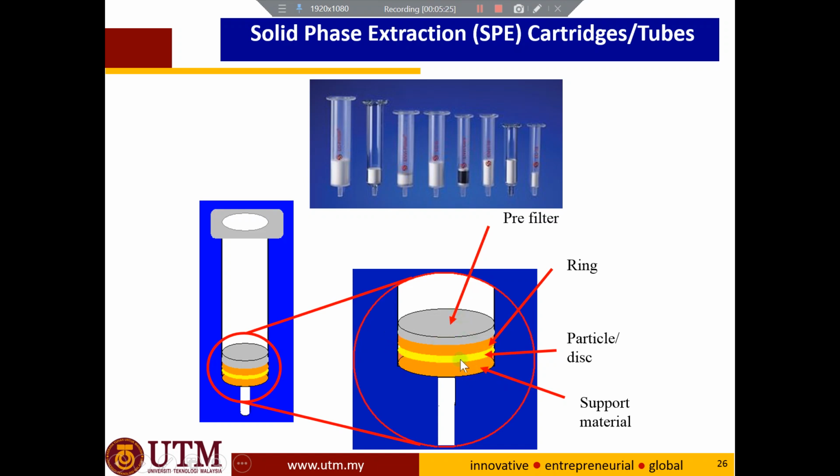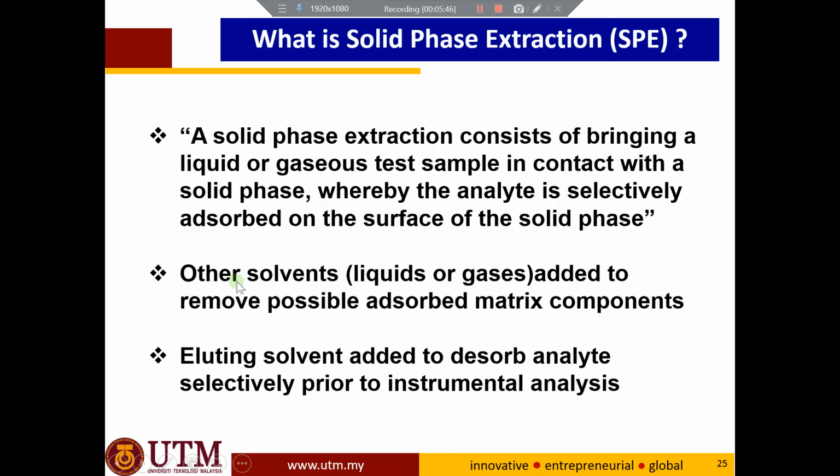So the third step is the washing process, where we wash away the other impurities that are not our desire. Then the next process is elution. Elution is where we put the solvent with the purpose to elute our analyte. So the mentioned other solvents are added to remove possible adsorbed matrix components.